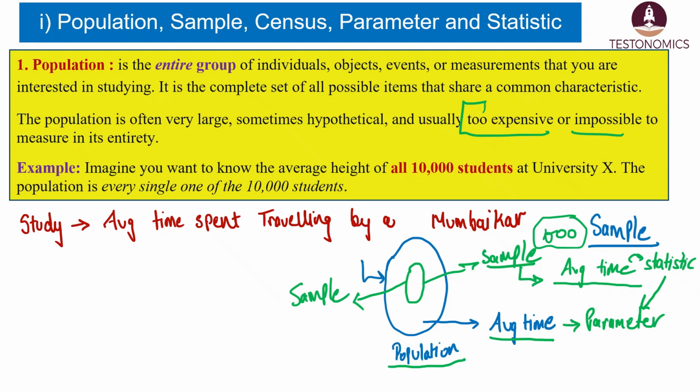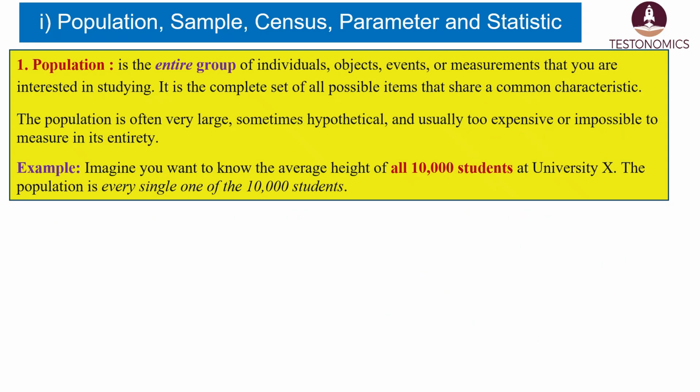Okay. So now let's go ahead and see these things a bit more formally. We know that population is often very large and sometimes hypothetical and usually too expensive or impossible to measure in its entirety. So what can be an example in which studying the population is impossible? For example, let's say some biologist is doing a study on ants and wants to study some particular characteristic of ants.